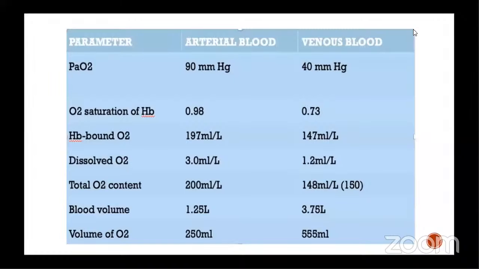That helps us understand that arterial blood will contain about 250 mils, while the venous blood will contain about 550 mils, if we're using a partial pressure of arterial blood of 90 millimeters of mercury and a partial pressure of venous blood of 40 millimeters of mercury. We'll be able to arrive at that.